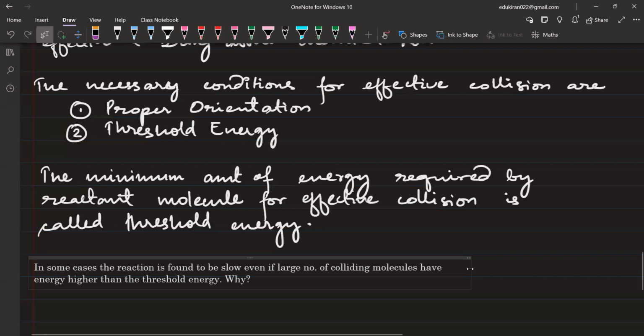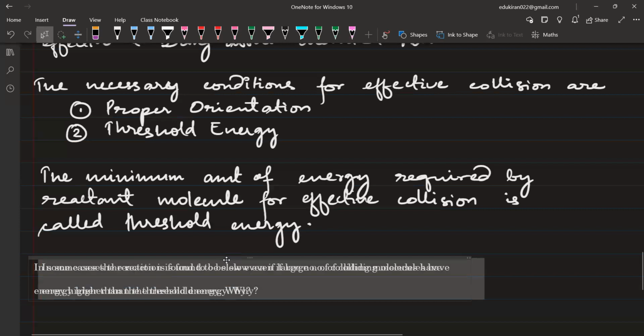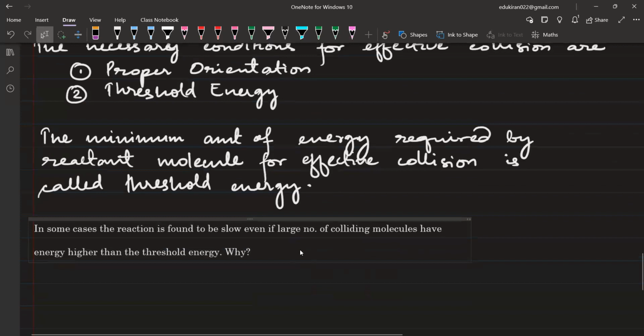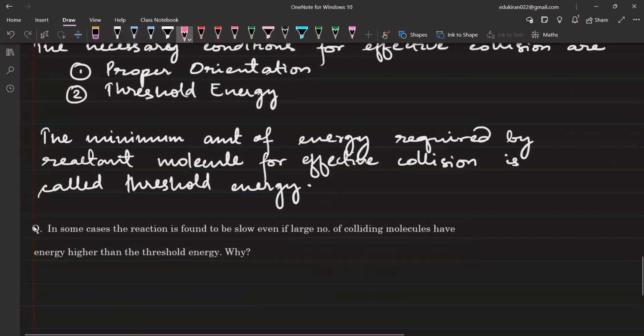The question read something like this: in some cases, the reaction is found to be slow even if large number of colliding molecules have energy higher than threshold energy. ध्यान दीजिएगा इस सवाल में उन्होंने खुद से ही बोला हुआ है that the reaction is slow, that is found to be slow even if large number of colliding molecules have energy higher than threshold energy. तो minimum amount of energy तो उनके पास है, but still the reaction is slow.